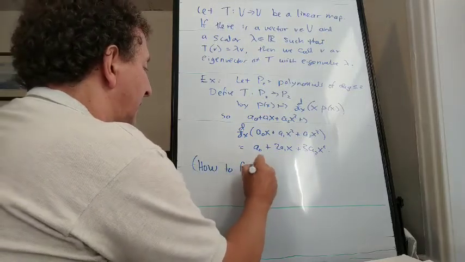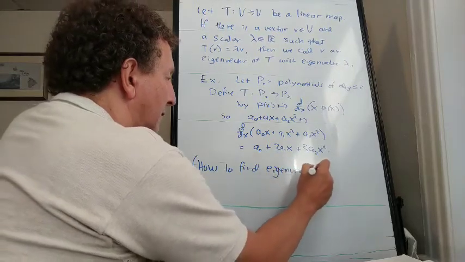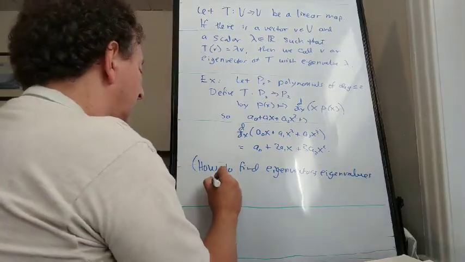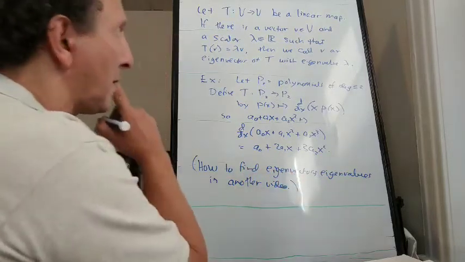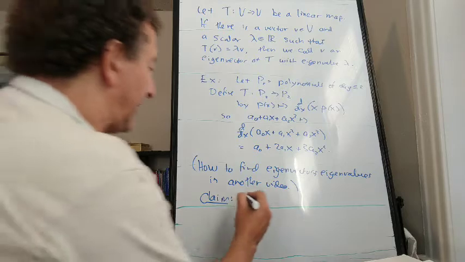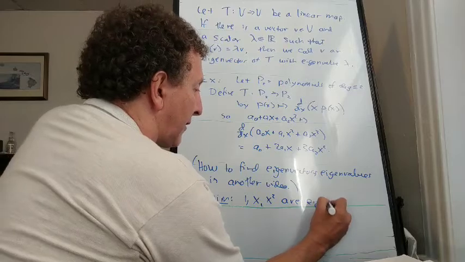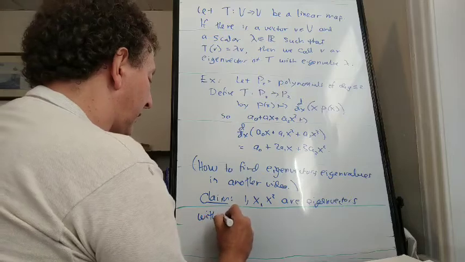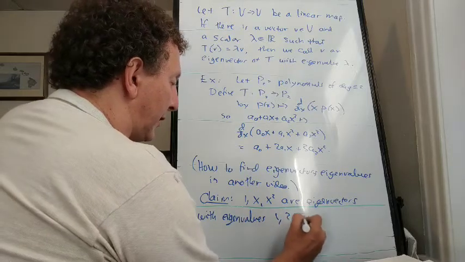I claim that 1, x, and x squared are eigenvectors with eigenvalues 1, 2, and 3, respectively.